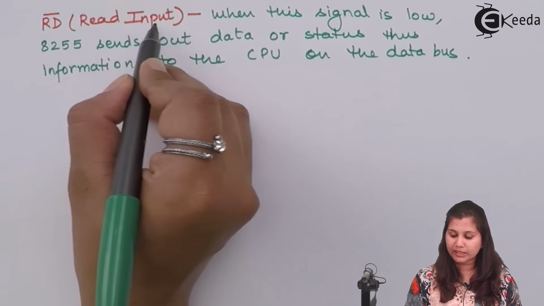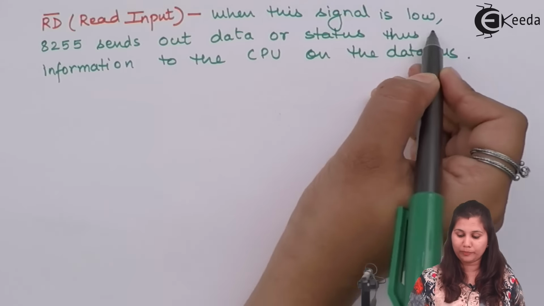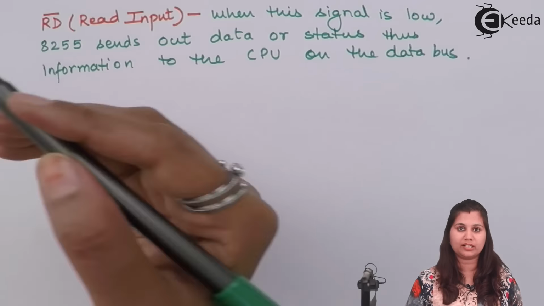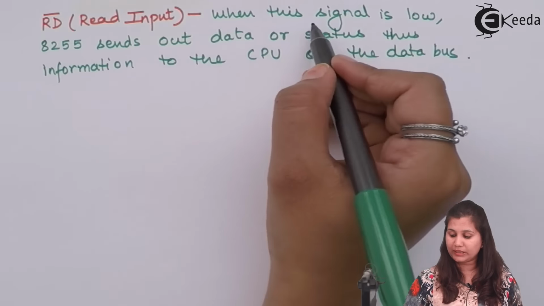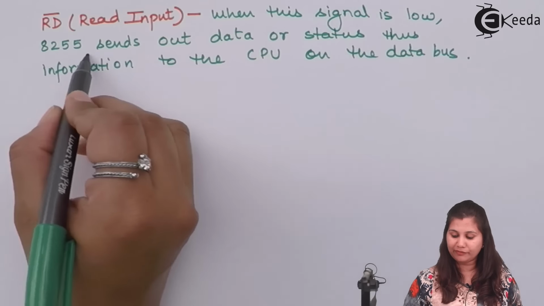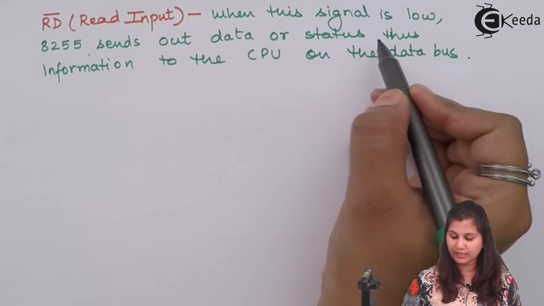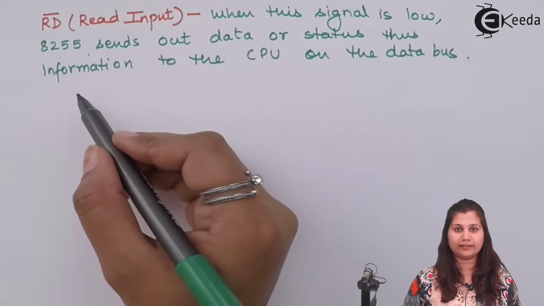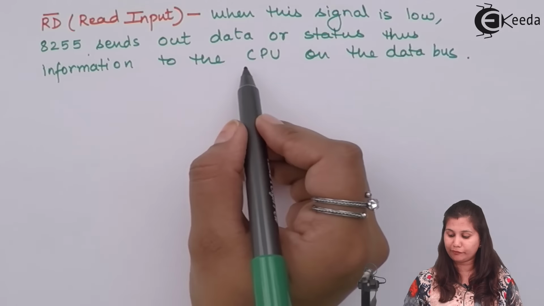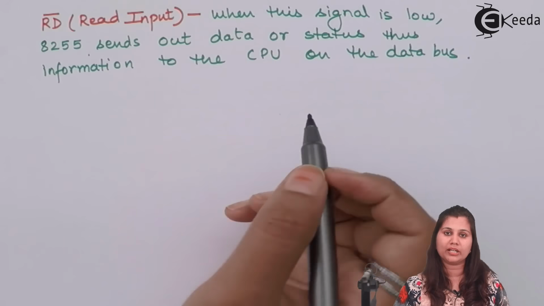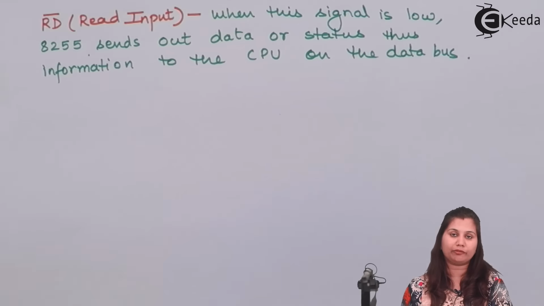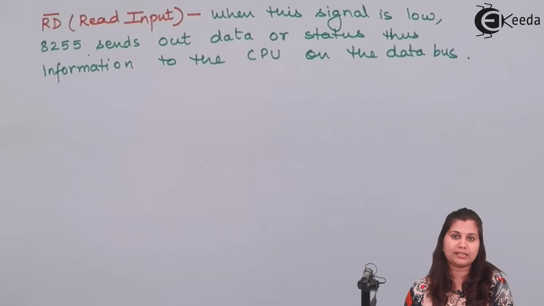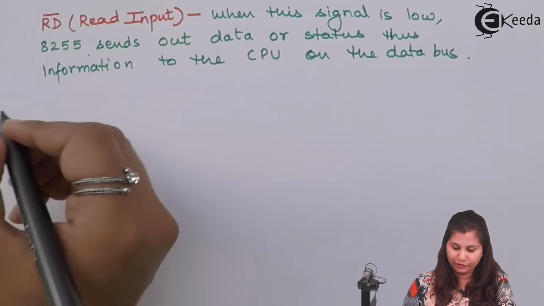When this signal is low, because we have a bar over it, so it's again an active low signal, 8255 will send out data or status, or we can say that it is sending the information to the CPU on the data bus. It is providing the information to the central processing unit, and sending out the data on the data bus. Okay, then we have read.